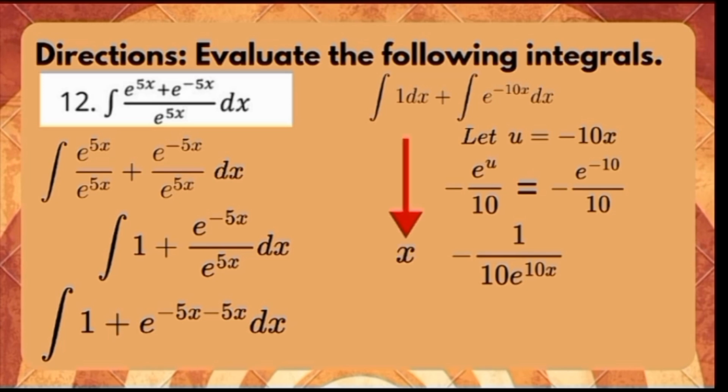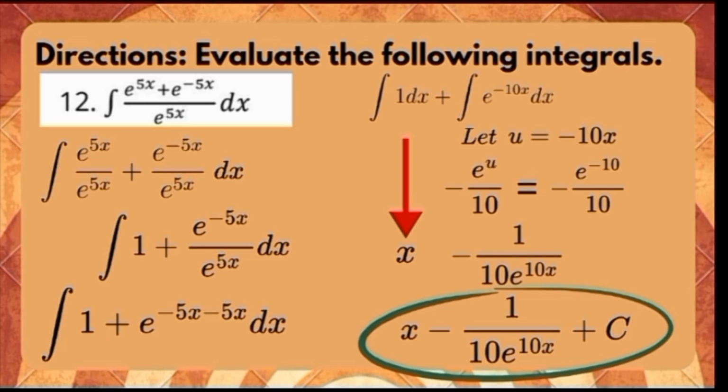Don't forget the x from the integral of 1 dx. Add the constant integration, hence the answer is x minus 1 over 10 e raised to 10x plus c.